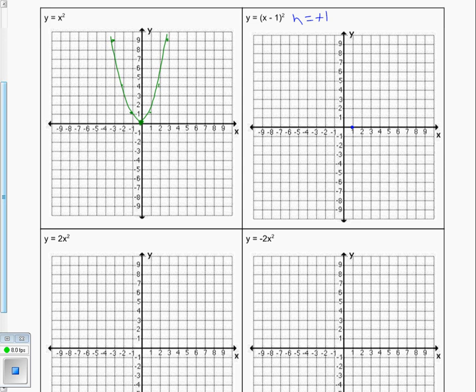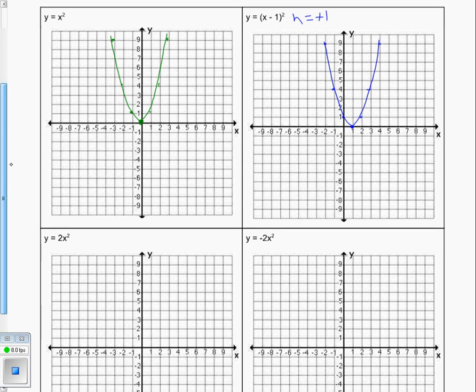Okay, but now our step pattern still applies because there's no change to the a value at all. A is still positive 1. So we still go over 1, up 1, over 2 from the vertex, up 4, over 3 from the vertex, up 9. Okay, so all we did was we shifted this parabola to the right by 1 unit. So the shape of it hasn't changed at all, it remains the same.